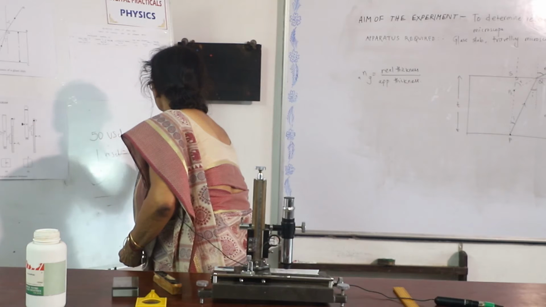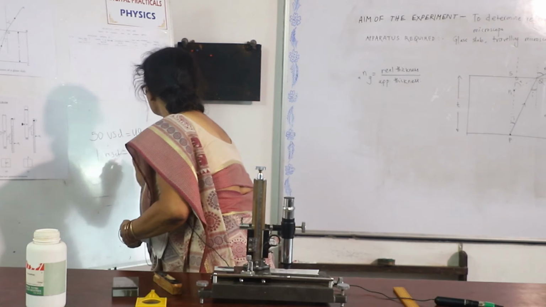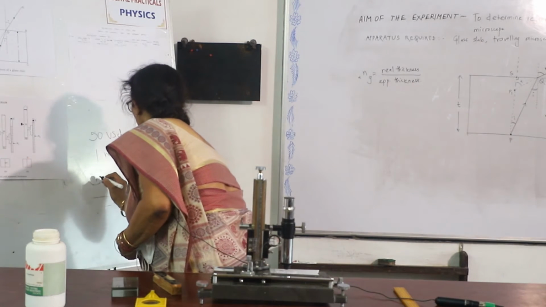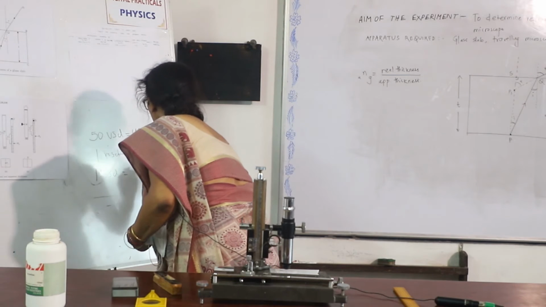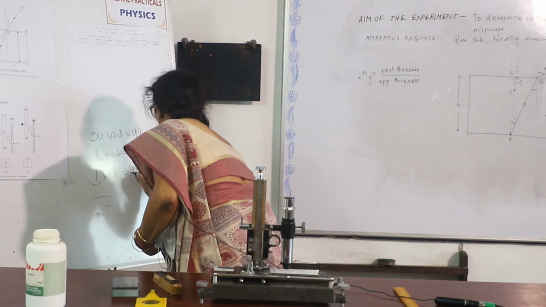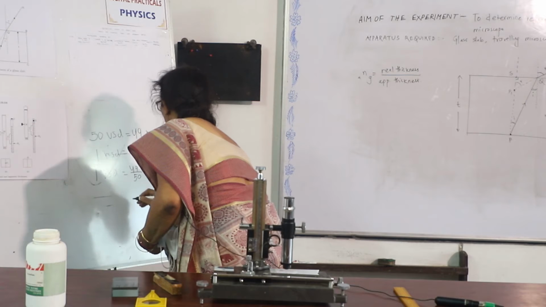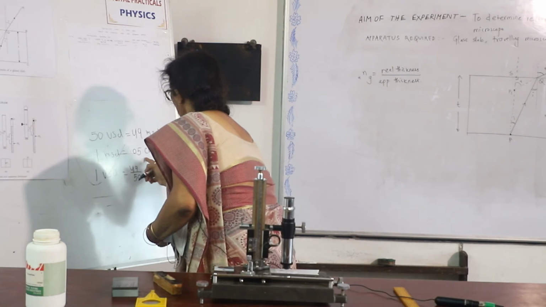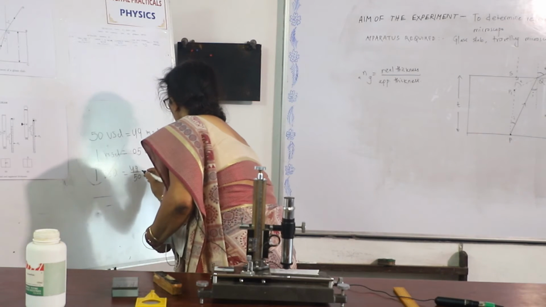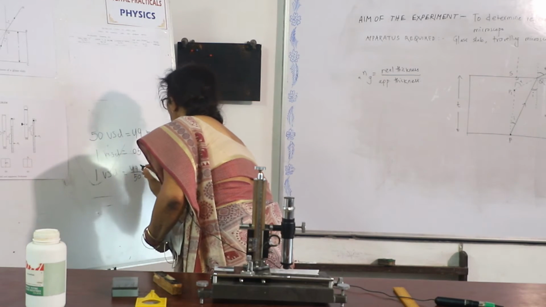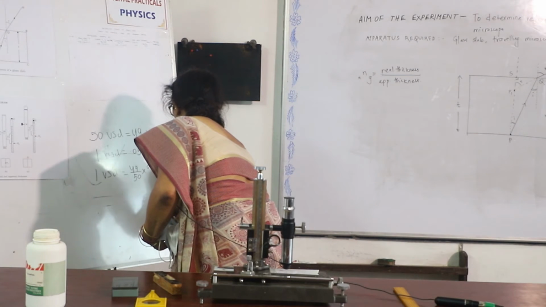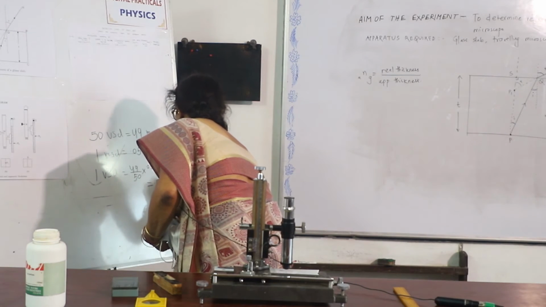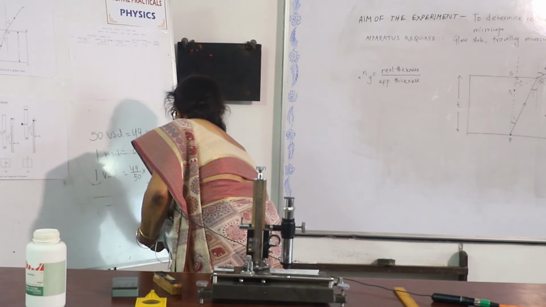50 vernier scale divisions is equivalent to 49 main scale divisions. So what is the value of 1 VSD? 1 VSD is equivalent to 49 by 50 main scale divisions, into 0.05 centimeter. That will be equivalent to 0.049 centimeter.